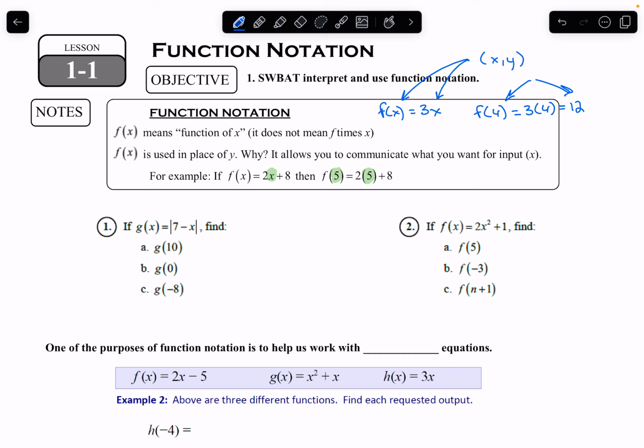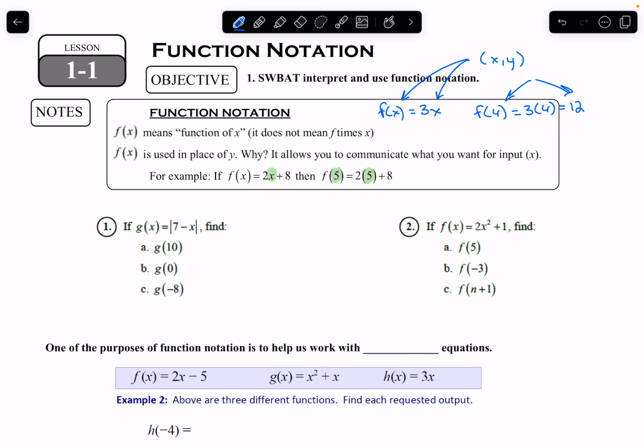Almost every ACT test I could find has a problem that looks exactly like example number 1 and 2 right here. It gives you a function and it names it. So for number 1, it says my function g of x is equal to the absolute value 7 minus x. And then it wants me to find these.